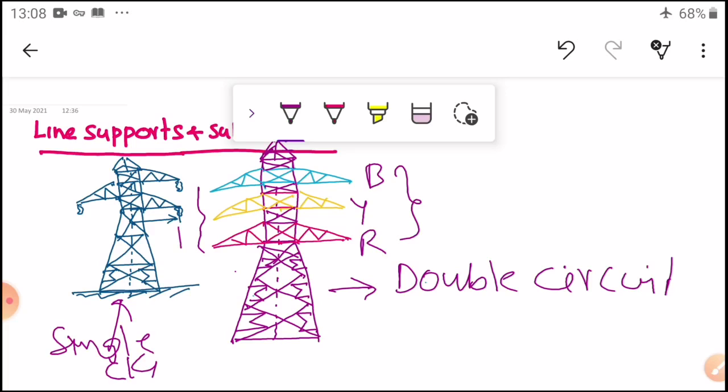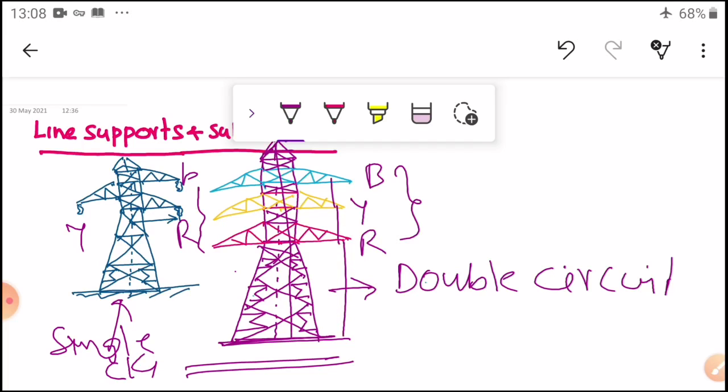Because here R face, Y face and B face. Okay, your aim is to draw this simply. You will be given the dimensions, what is this height, what is the length, everything will be given, but you have to prepare these diagrams neatly.